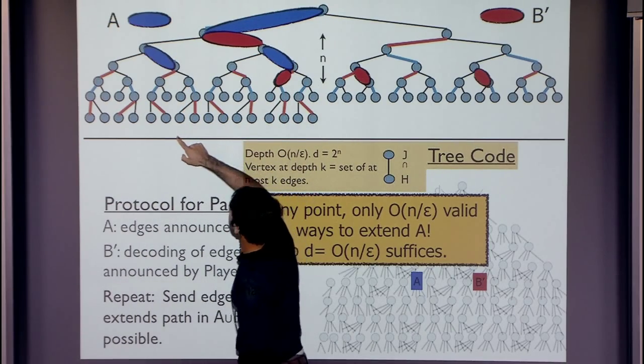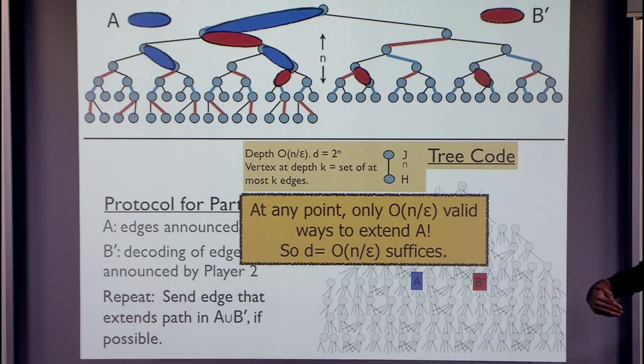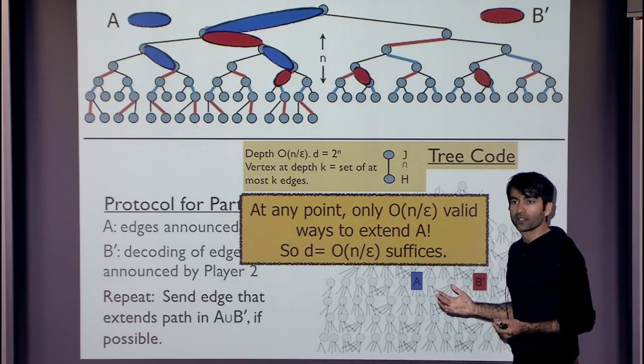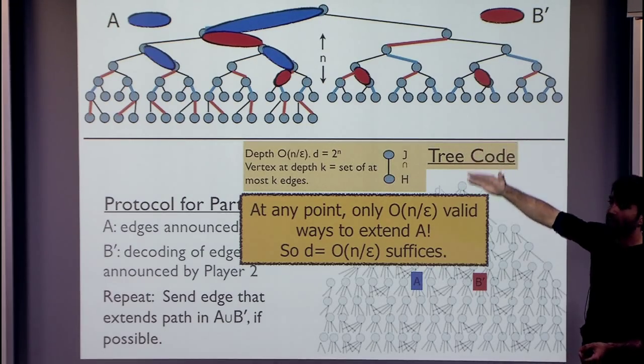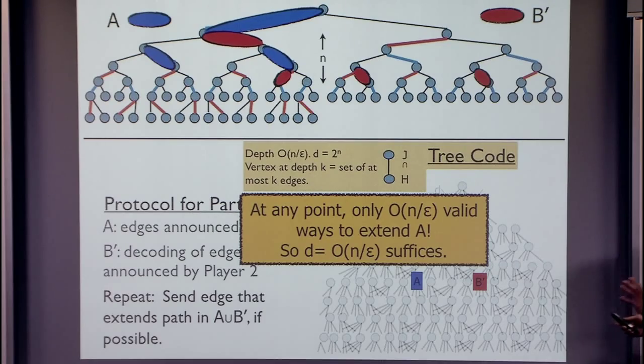There's no way he'll announce some edge that's here, because he'll never find a path within his set of edges that gets close enough to that edge. So this reduces the space of edges by a lot, because the total number of edges A has announced so far is only polynomial. Okay? So that reduces the alphabet size to something that's polynomial in n.